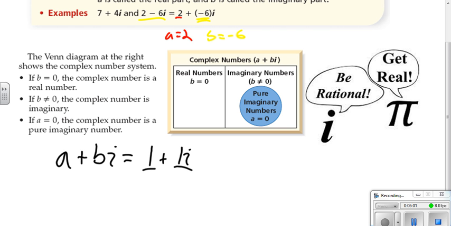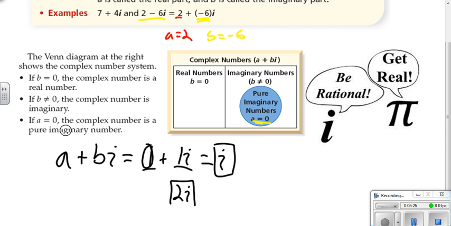A pure imaginary number would be where a equals 0. In this case, we would have 0 plus 1i, in which case we would just have i left. Or let's say b was 2, so that would become 2i. These are pure imaginary numbers because there's no real part, it's just the imaginary part.